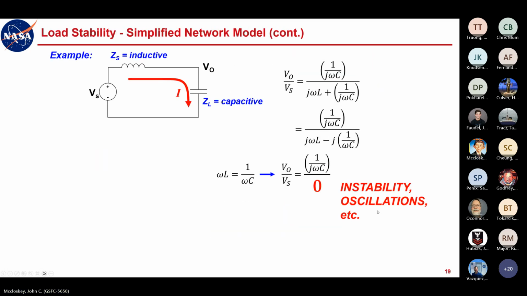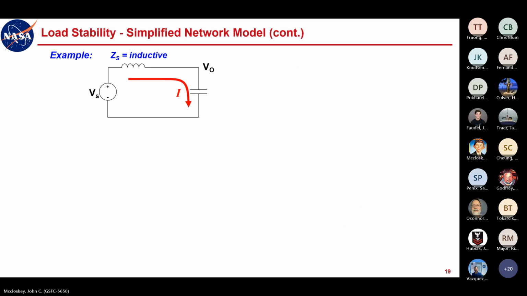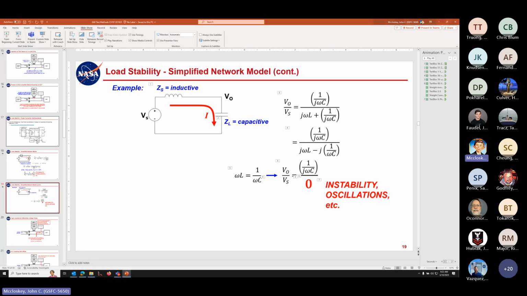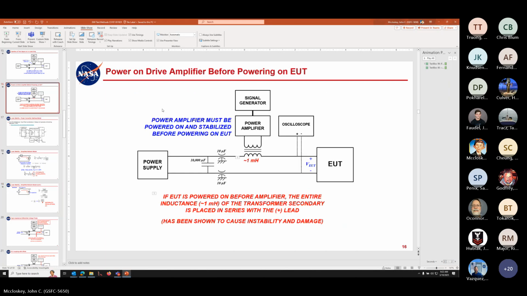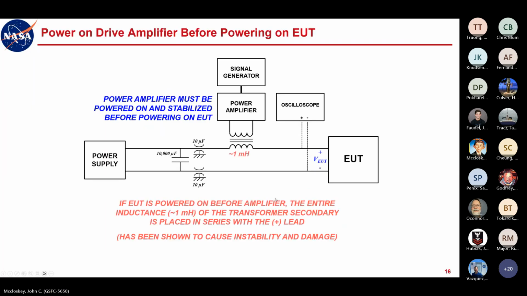So when you have this 1 millihenry inductor in series with your power feed going into what is most likely a significant capacitor network at the input to your power converter, that can lead to instability and damage.